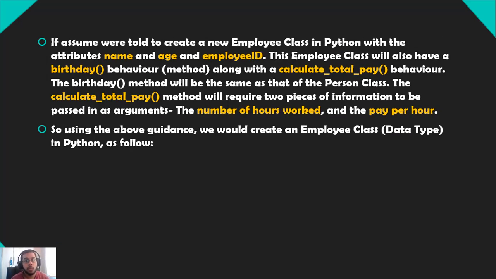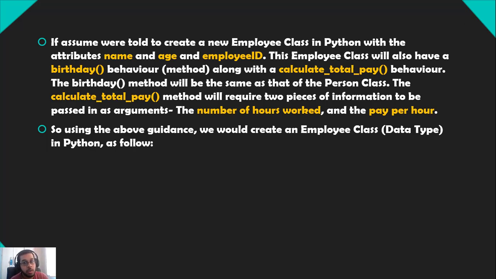Let us assume we were told to create a new employee class in Python with the attributes name and age and employee ID. This employee class will also have a birthday behavior method along with a calculate total pay behavior. The birthday method will be the same as that of the person class.